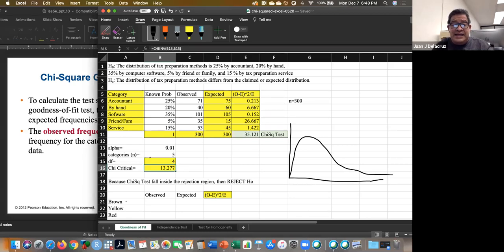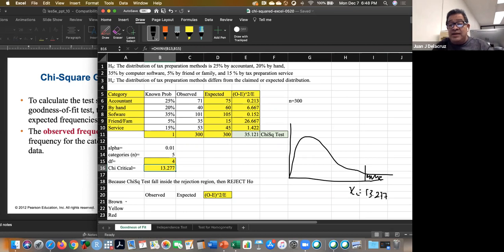So my chi-square critical is 13. Once again, this is always a right tail test. So my chi-square critical, let's put a C, is going to be 13.277.